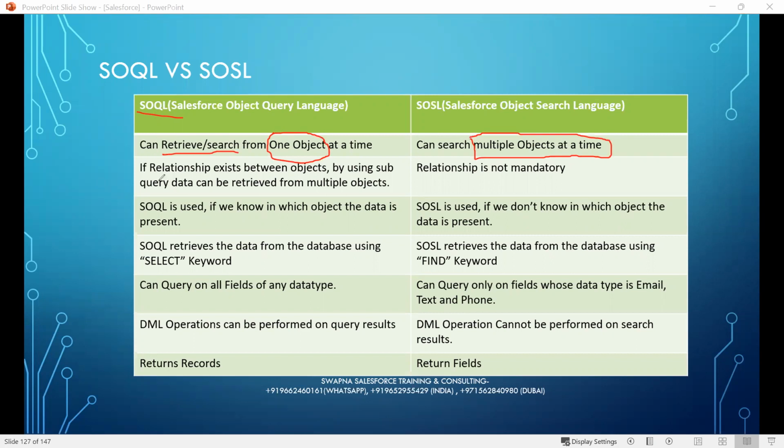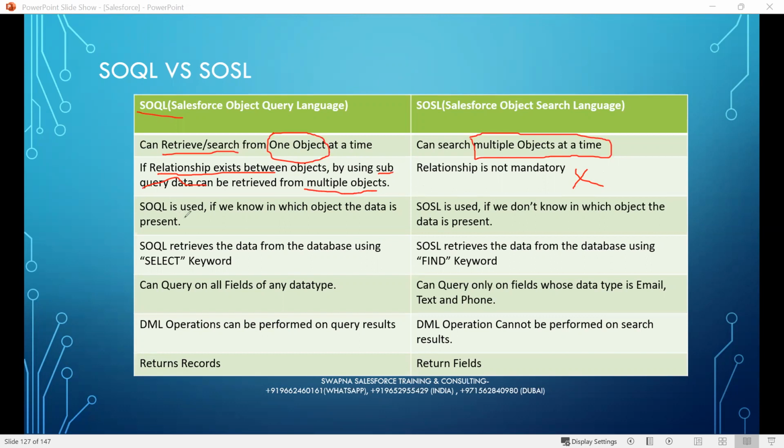The second point in SOQL is, if we are writing any subquery, then a relationship must exist. If you want to write subqueries to retrieve data from multiple objects, a relationship must exist between the objects. Here, the relationship is not mandatory. We can search in multiple objects at a time.